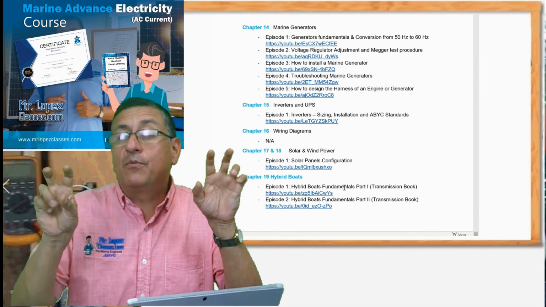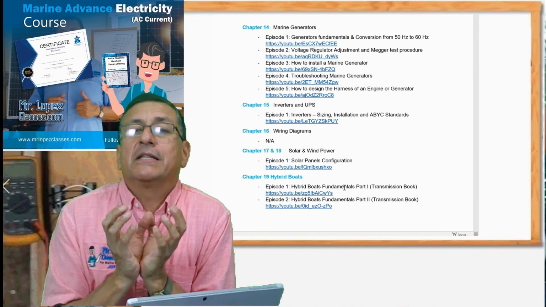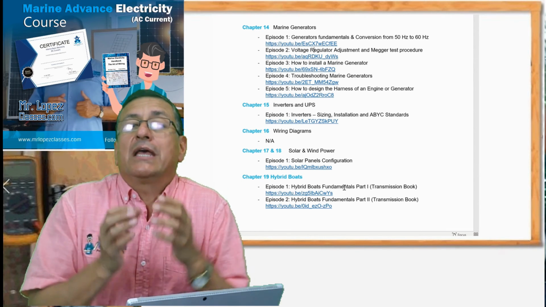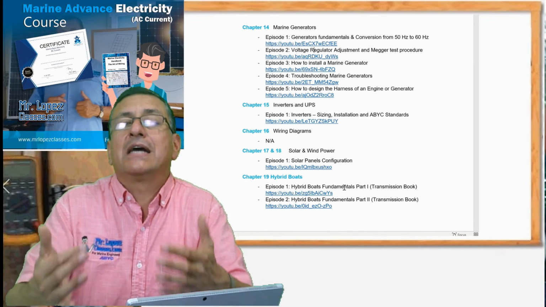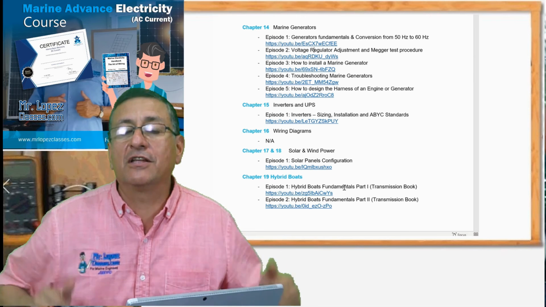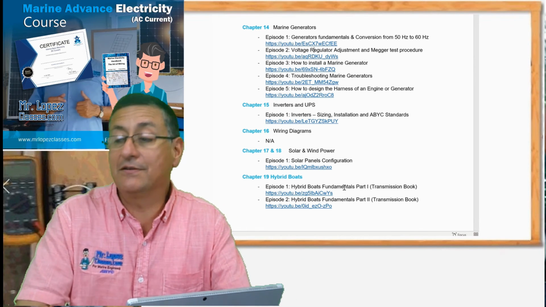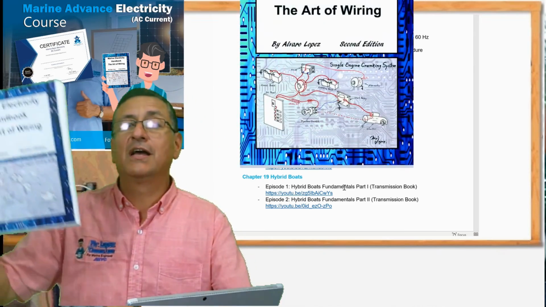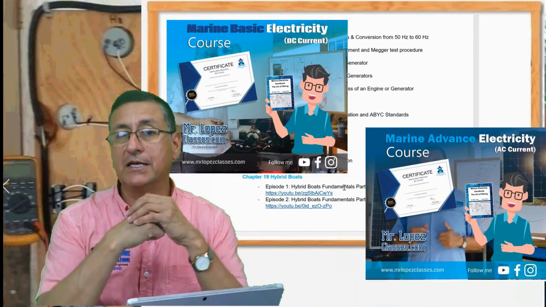We are going to study the fundamental factors used to decide which electric motor is better or which hybrid solution is more recommended for my boat. And in chapter 19 we finish this wonderful book and these courses, basic and advanced electricity.